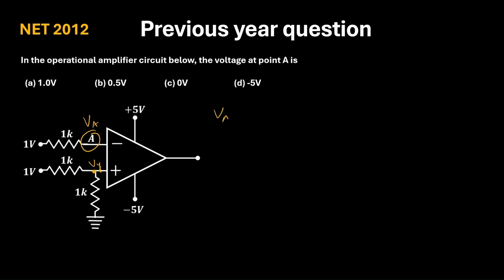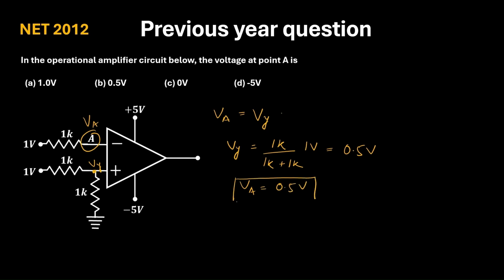So VA is equal to VY. Now VY we can calculate by using the voltage division rule. So 1 kilo ohm divided by 1K plus 1K into 1 volt. This gives 0.5 volt. So VA is 0.5 volt. So option B is the correct answer.